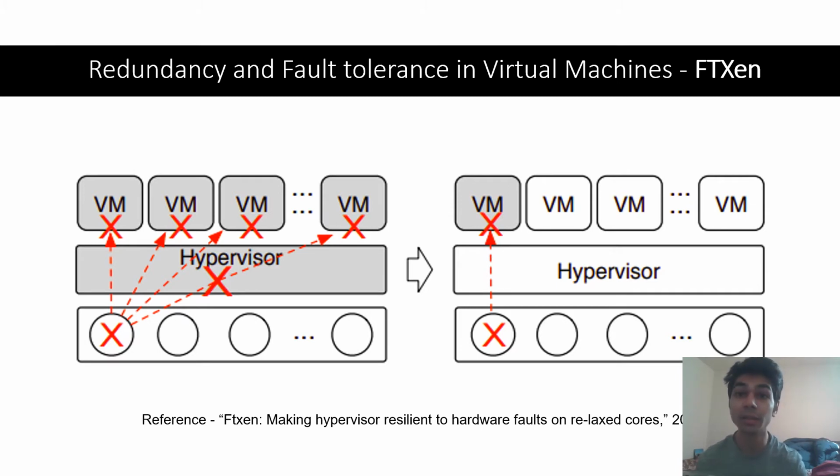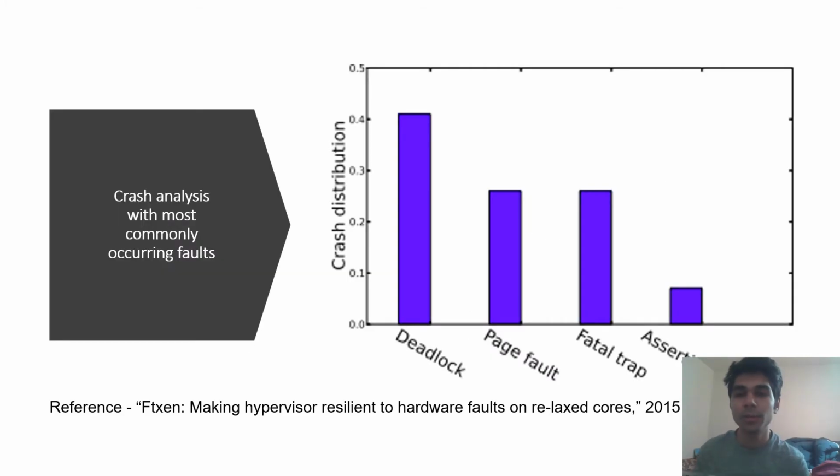So we see the crash analysis using FT-Xen when we implement this model in the next slide. We see that the most commonly occurring hardware fault is that of a deadlock. So deadlock happens when there are several virtual machines interacting when there's a transmission of execution threads happening. So FT-Xen basically eliminates that, and it also eliminates other dominant faults such as page faults and fatal traps.